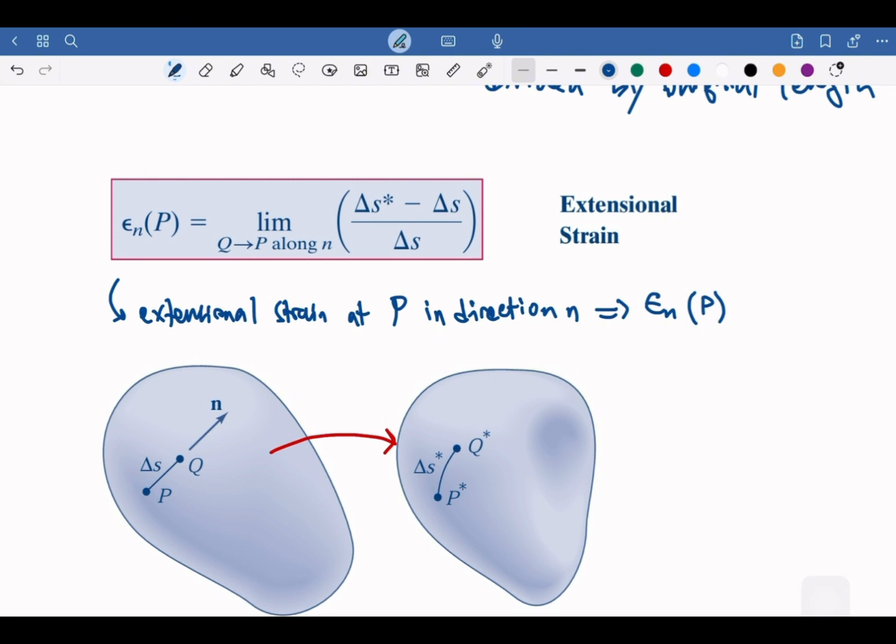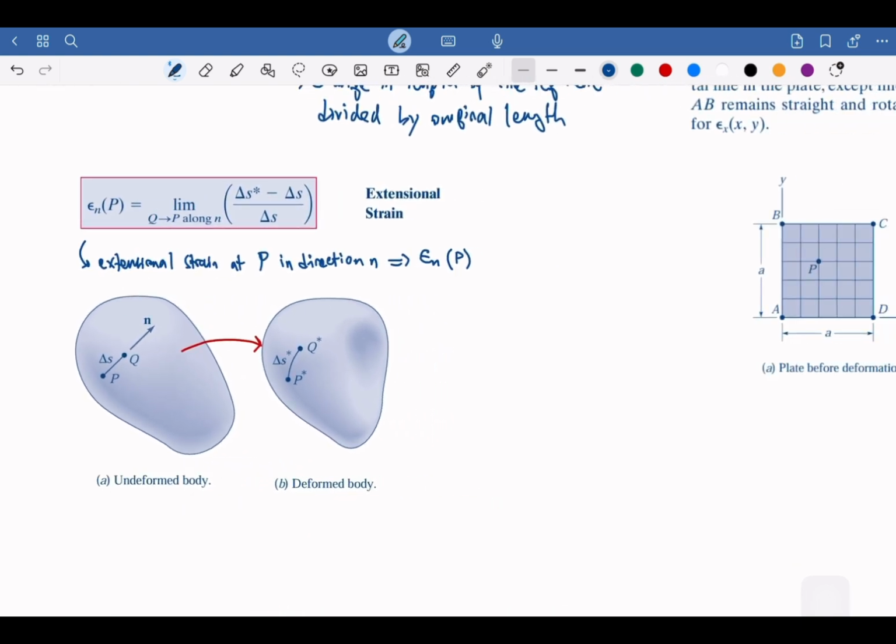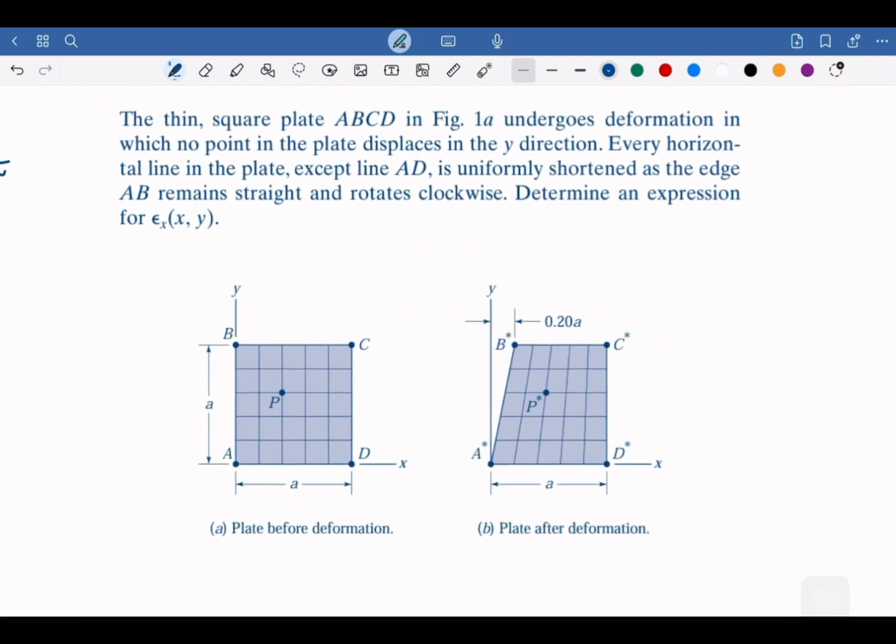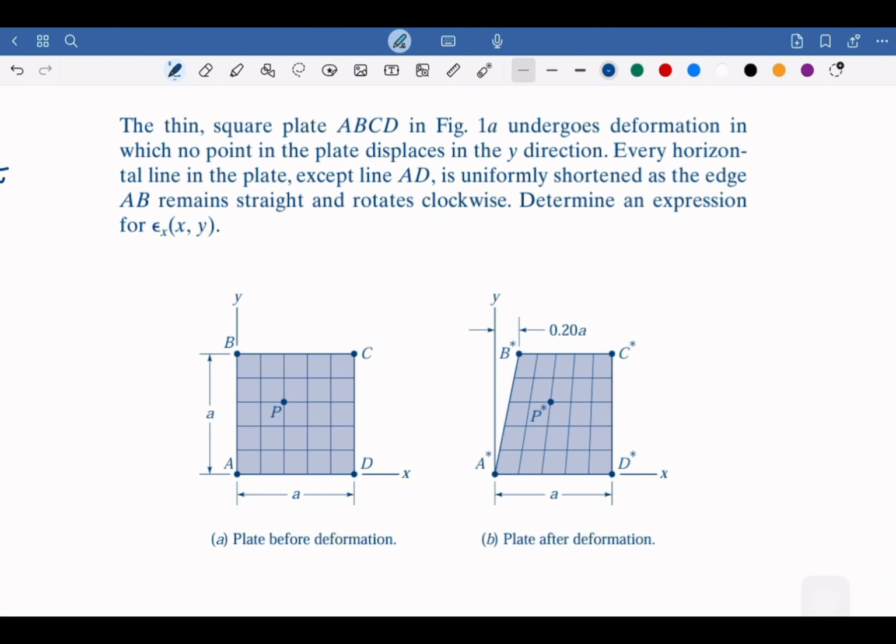Now, if we see another illustration, I think quite a proportional picture, we have a plate A, B, C, D, a square plate that is thin, and it undergoes some deformation in which no point in the plate displaces in the y direction.